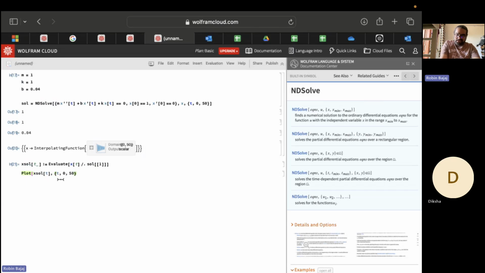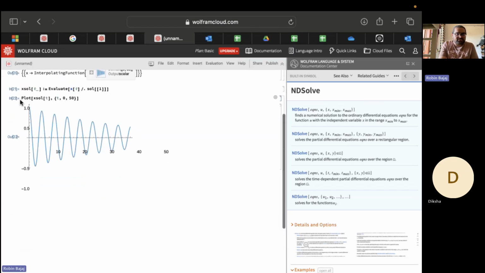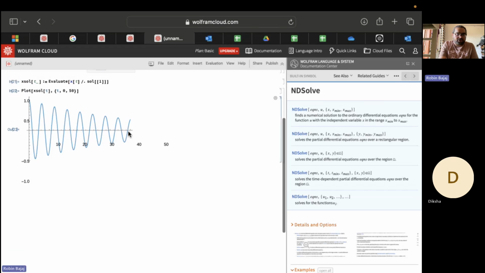Okay, that's it. We don't want to put any plotting styles as of now. So let's just see. So you see, you got the plot of the solution as a function of time. It plotted till 40, but I could have changed it to 50. That's okay. So if you see here, the trend is linear.